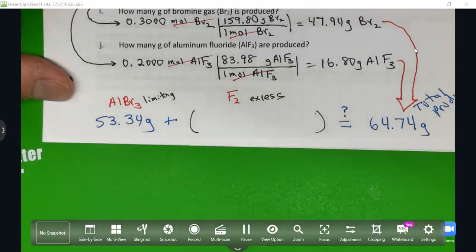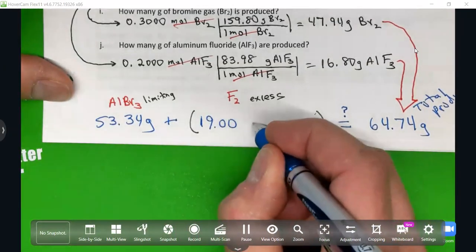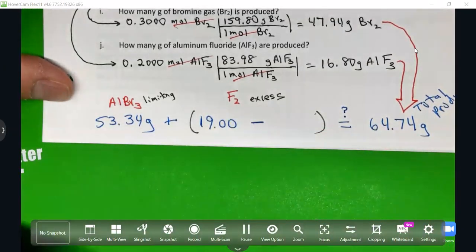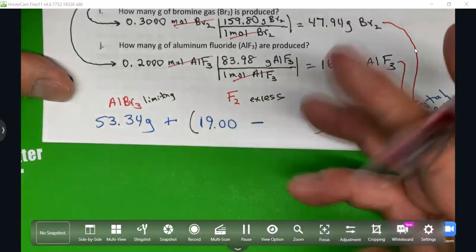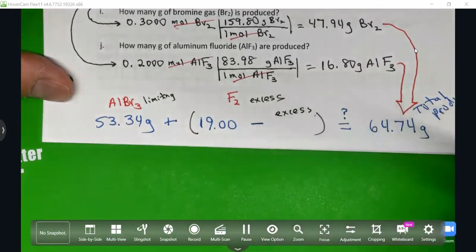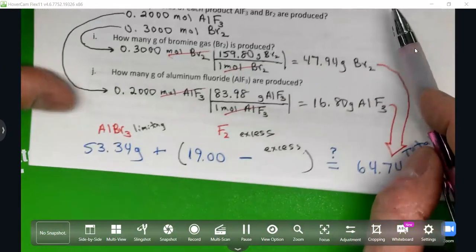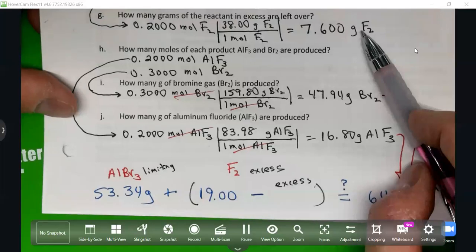We started with 19. How many grams did we have in excess? We calculated the excess grams in letter G. We had 7.600 left over, correct?